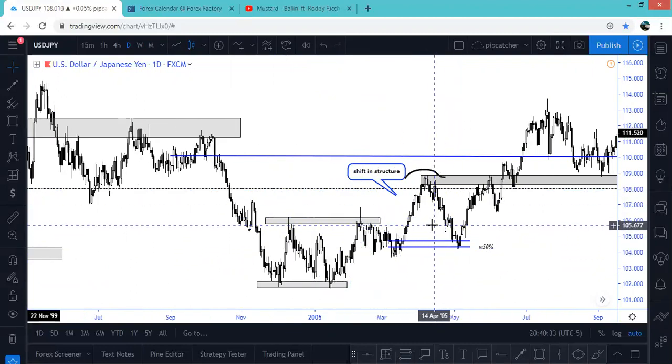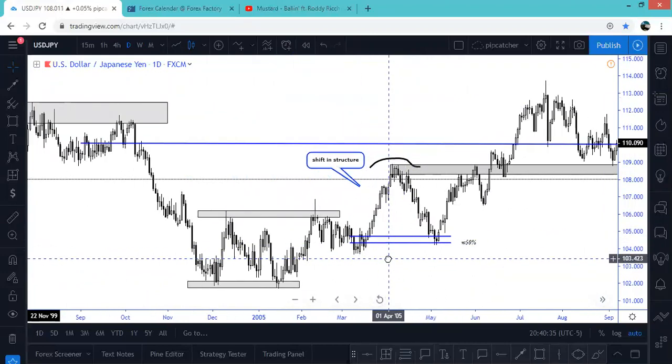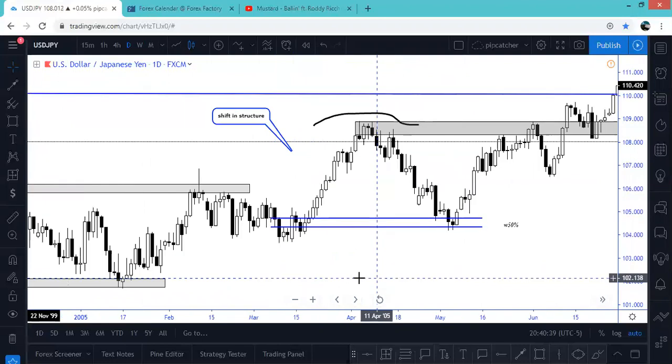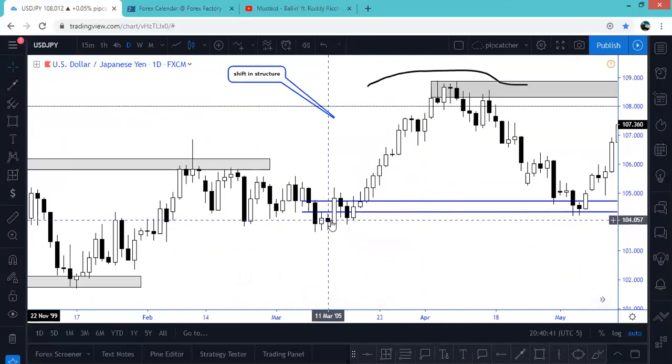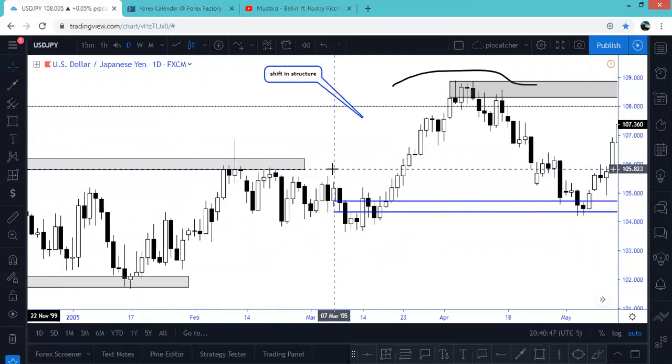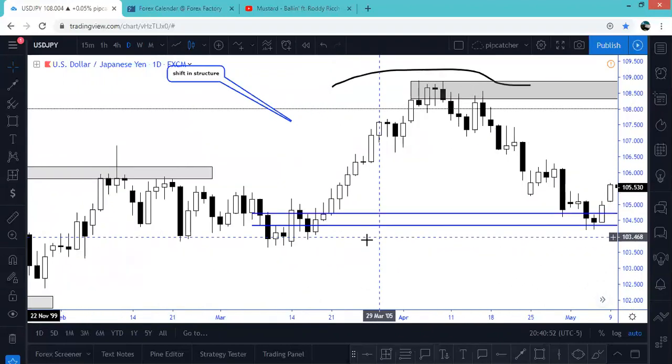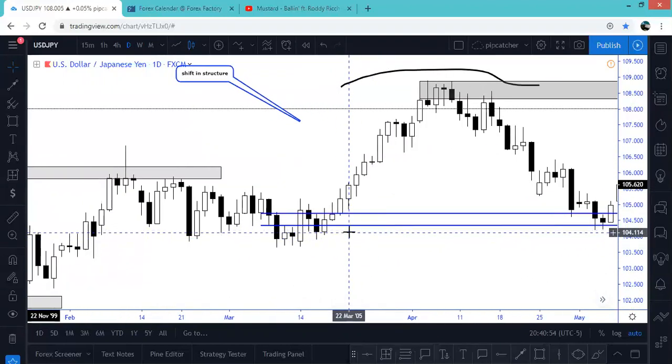You could have, see, look, this last down candle. Actually, I want to look at this. You see this candle right here? You see how there's an aggressive engulfing candle right here? That could have been a sign that we could have had momentum to the upside.